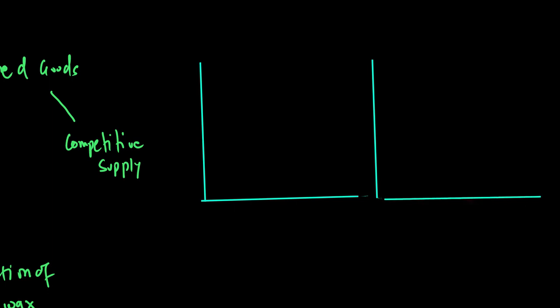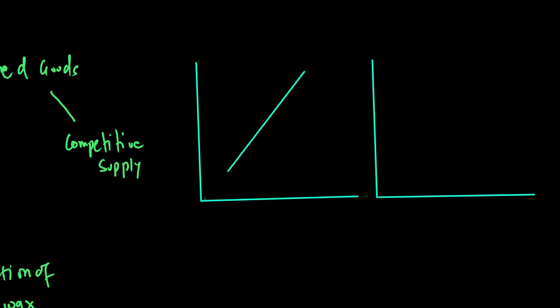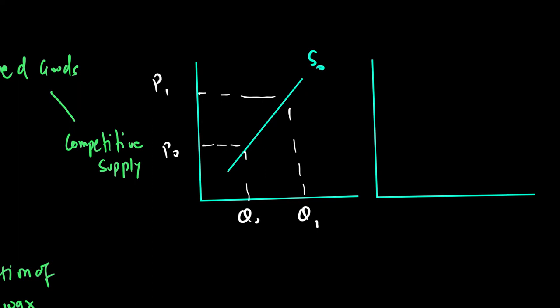That would mean that probably I'm going to get more profits from oranges. So let's say this is my supply curve for oranges, and for some reason I am encouraged to produce more. Maybe I believe that there is a better price and better demand, and so I am producing more oranges.